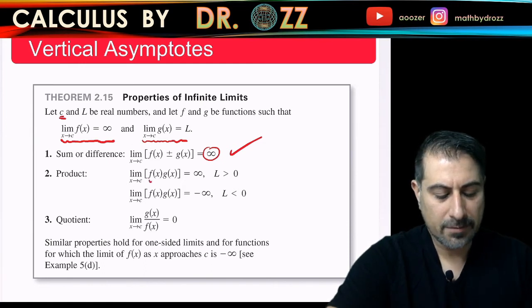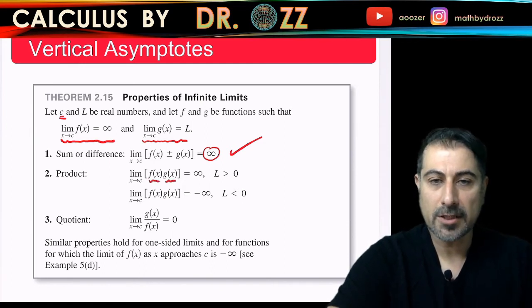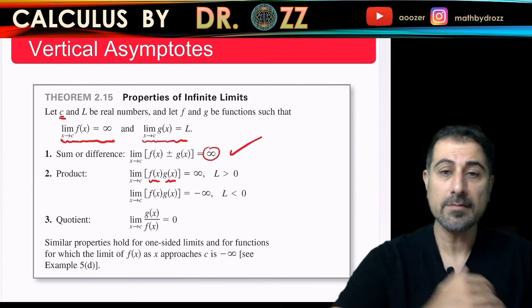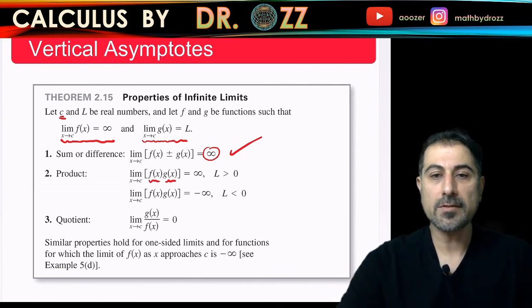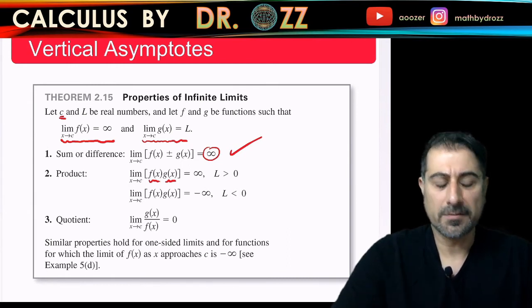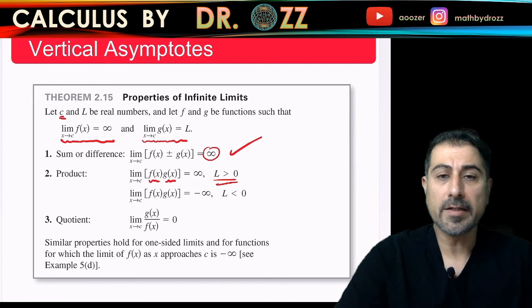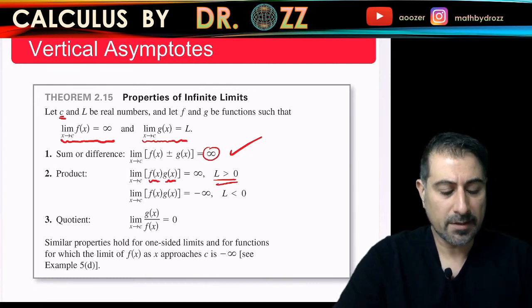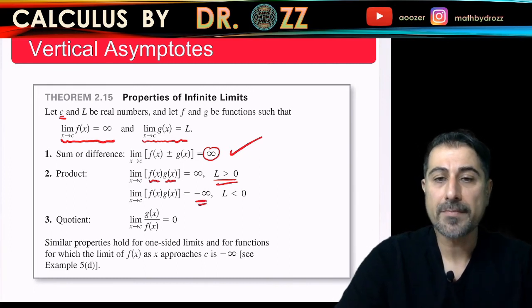If you have 2 functions multiplied, and you look at the limit of that, one takes you to infinity, the other one takes you to a number L. So a number times infinity is going to be plus infinity as long as L is positive. If L is negative, that is going to be negative infinity. And you can also look at the quotient.